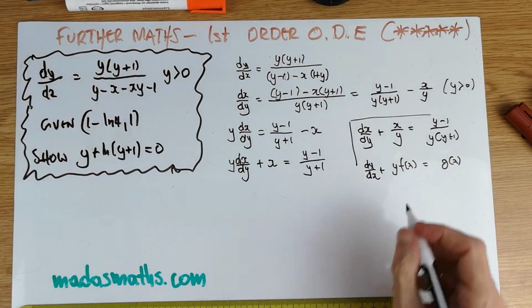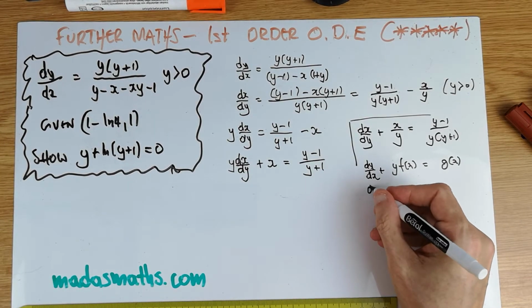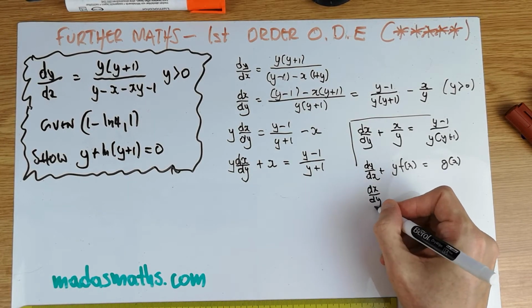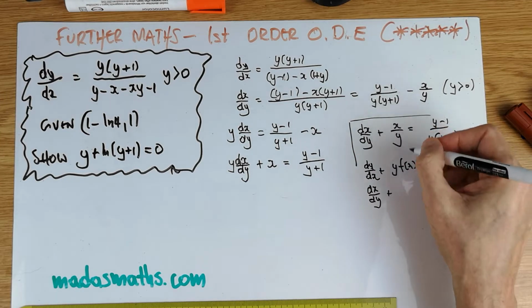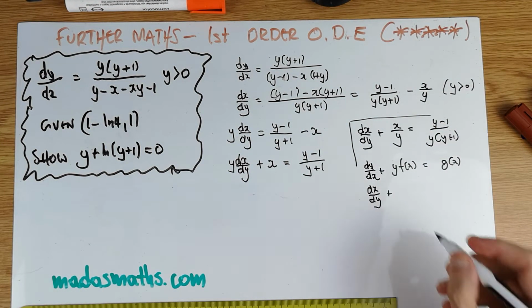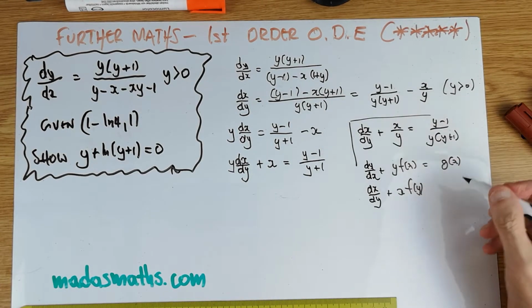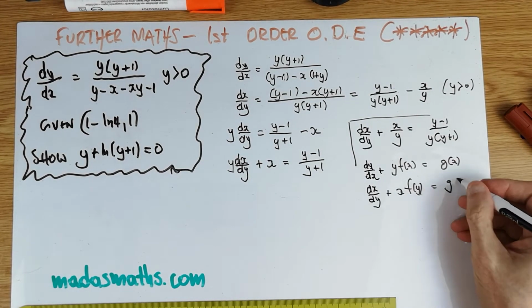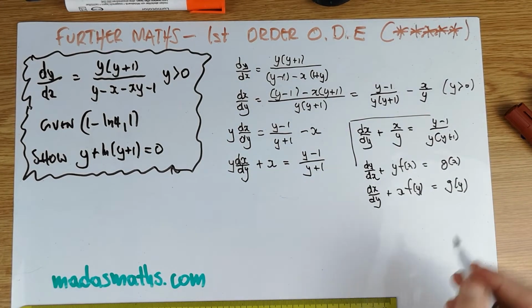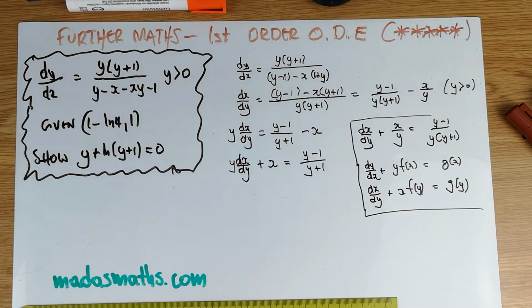If we look at what we have instead here, we have dx by dy plus, here it doesn't really matter what we've got, but it's an x now, f of y. Our f of y is 1 over y is equal to a g of y. So basically things have actually swapped. So we can do it either way.